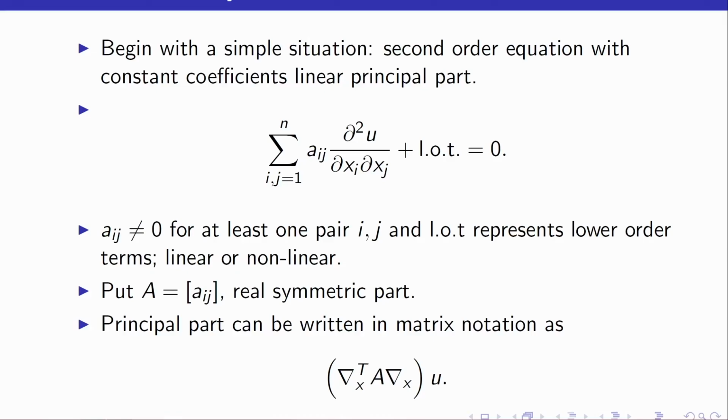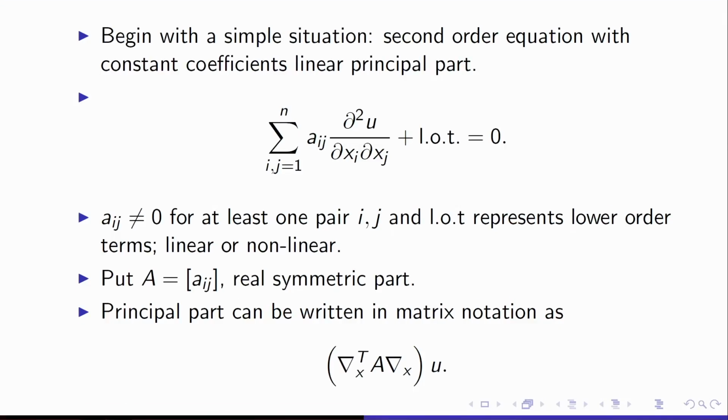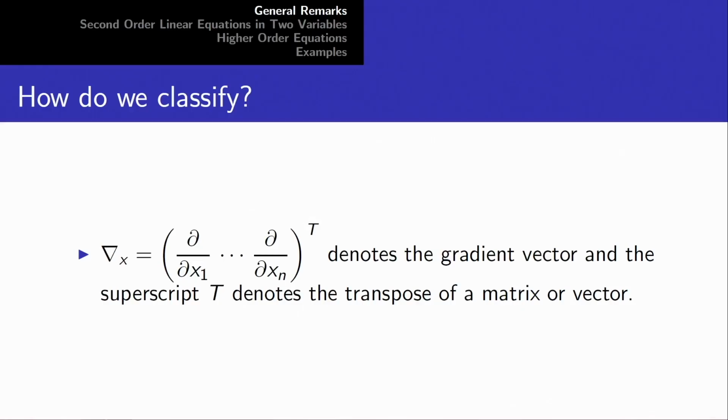So we write it as del of that variable, and the subscript x signifies the differentiation is with respect to x. So this is the gradient vector, and the superscript T denotes the transpose of a matrix or a vector.